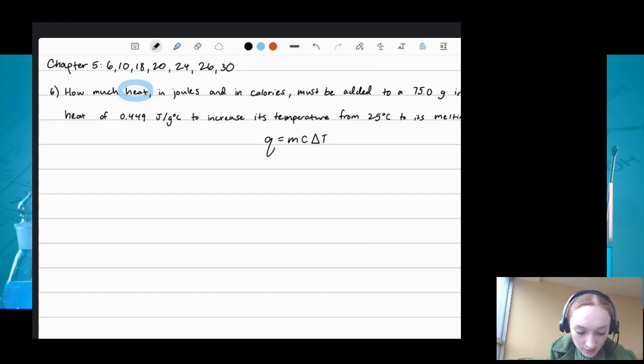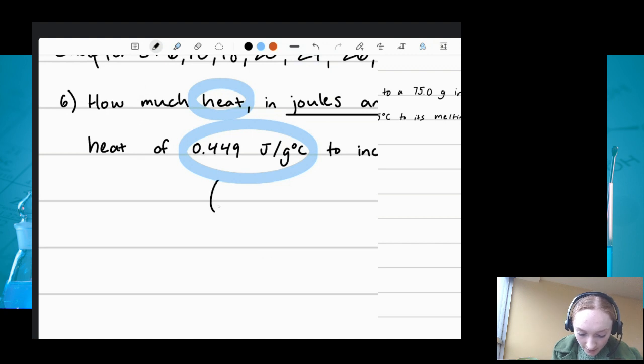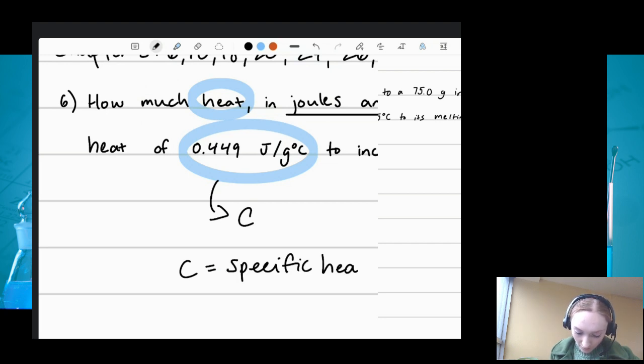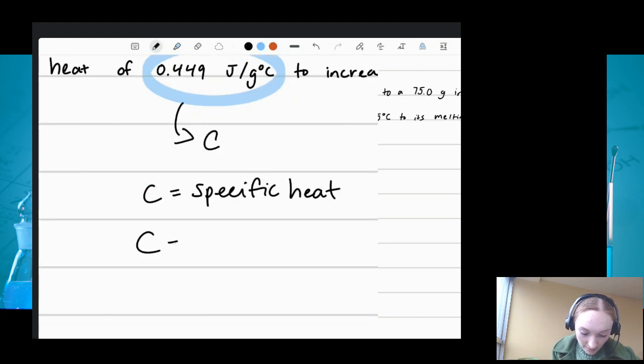And it also says we need to find the heat in joules and calories. So we'll need a conversion between joules to calories because Q right now, if we were to solve it for Q, it gives us a specific heat right here. I can zoom in so you can see that better. This value right here is C, and it's the lowercase c. So there's a difference between the lowercase c, which is the specific heat, and the big C, which is the heat capacity.